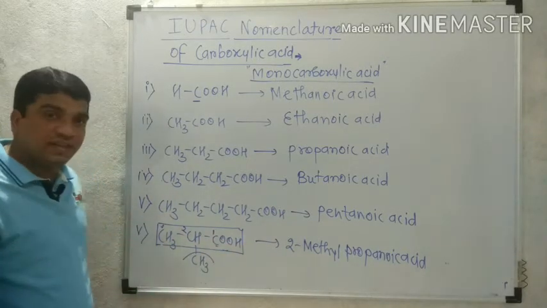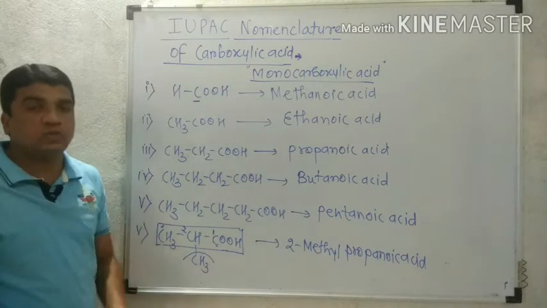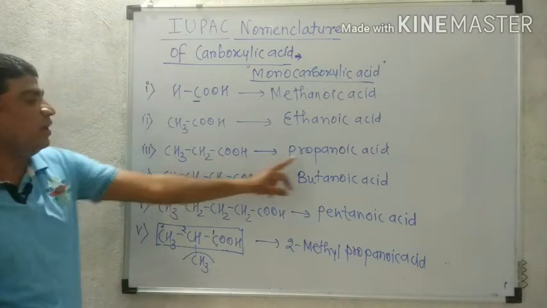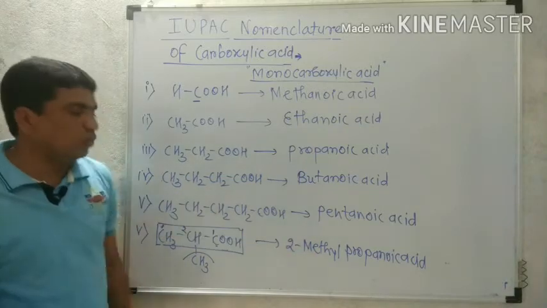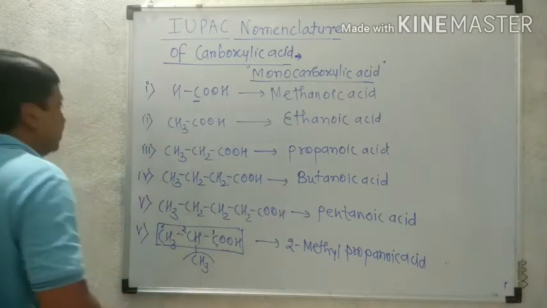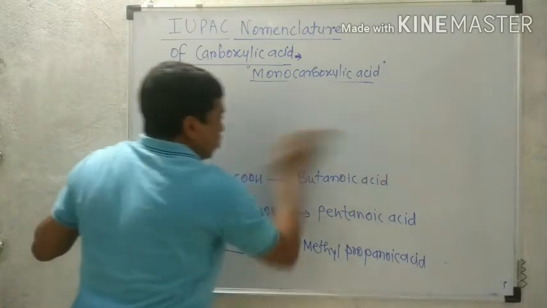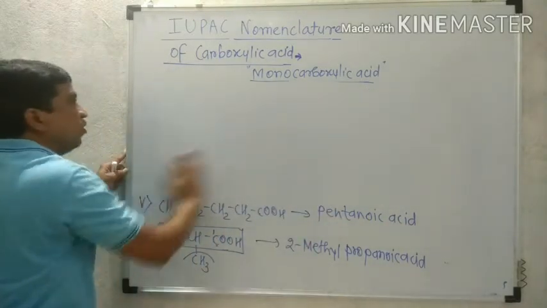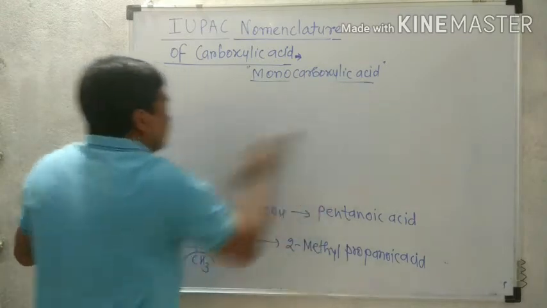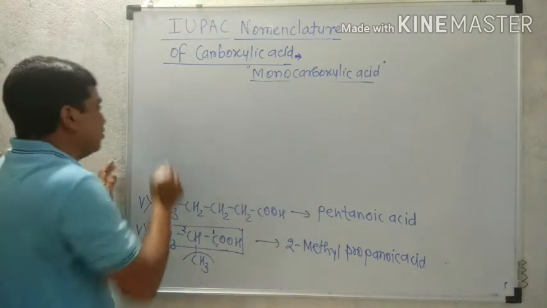How many carbons remain in the straight chain? Three. So we know for 3 carbons it is propanoic acid. So 2-methylpropanoic acid. Now we are going to explain some more examples from the monocarboxylic acids, especially aliphatic monocarboxylic acids.